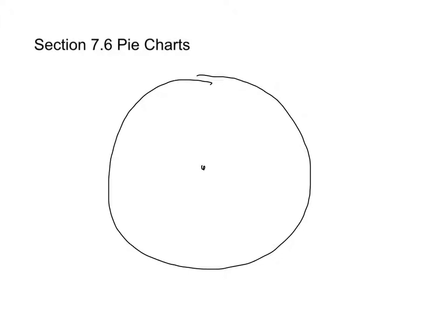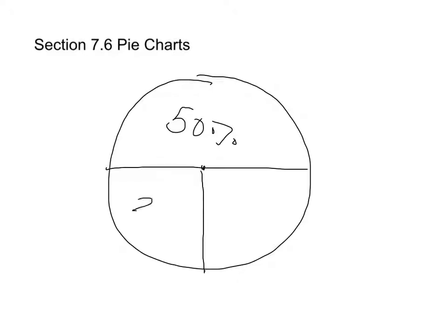In other words, if I have a center in my circle and I go right across from it, I've split my circle in half, and so I've created two 50% sides. If I half it again, now I've created 25% pieces or quarters, right? 1/2 is the same as 50%, 1/4 is the same as 25%.